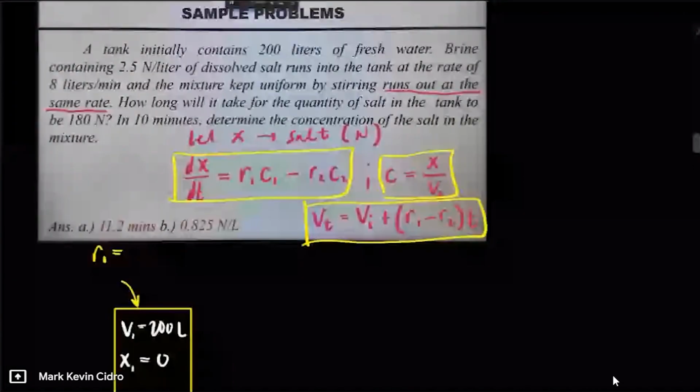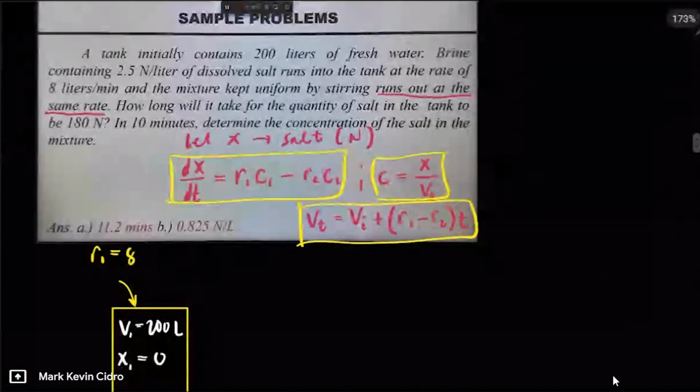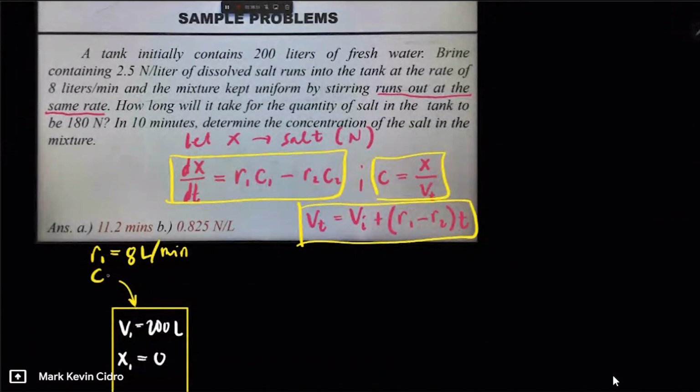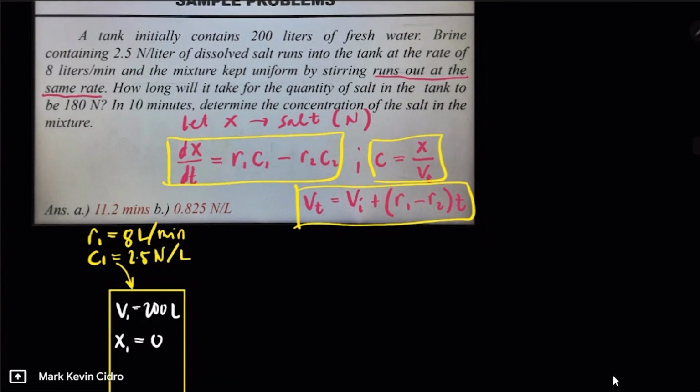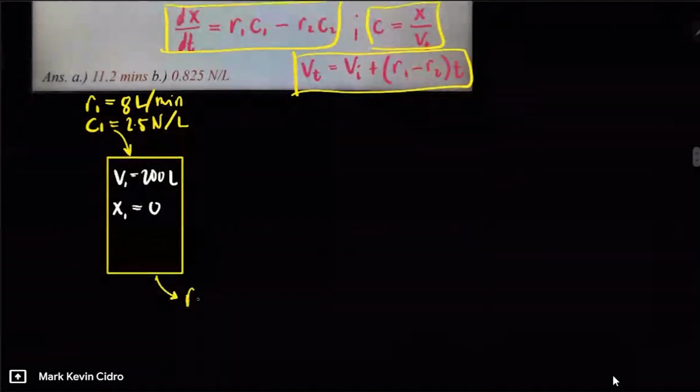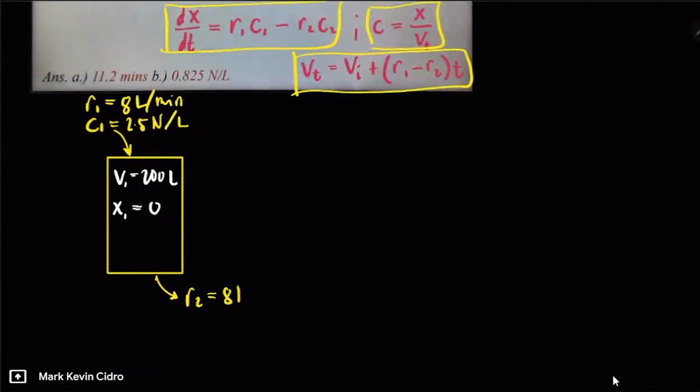And its concentration, C1, is 2.5 Newton of salt per liter. Then the outflow is at the same rate, so R sub 2 is equal to 8 liters per minute.